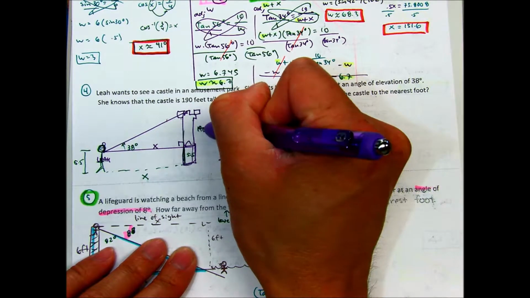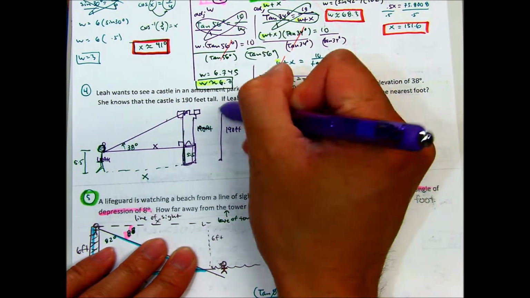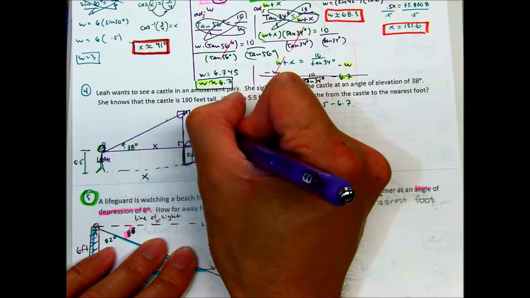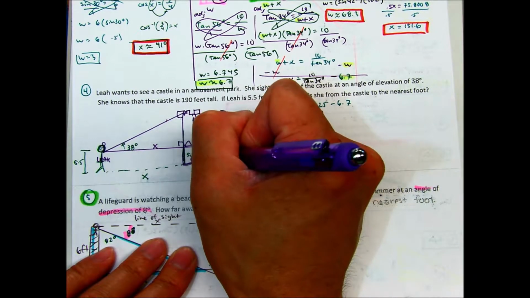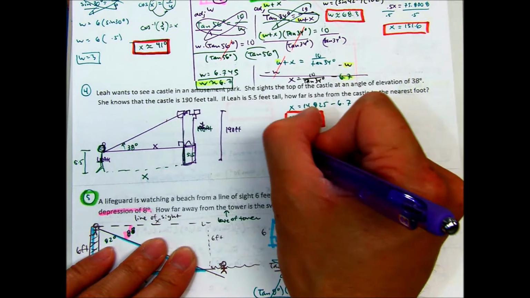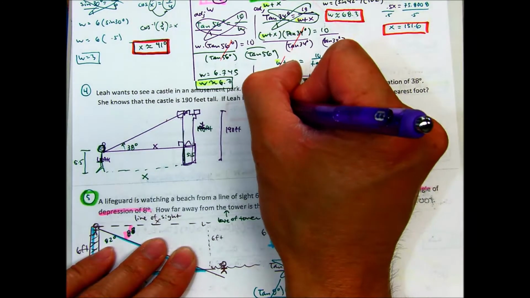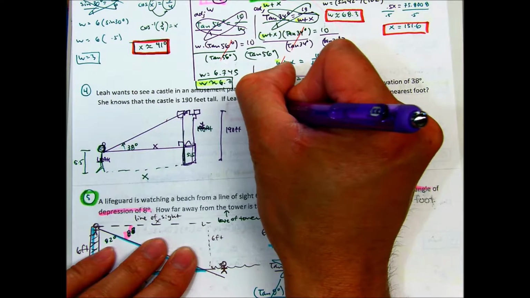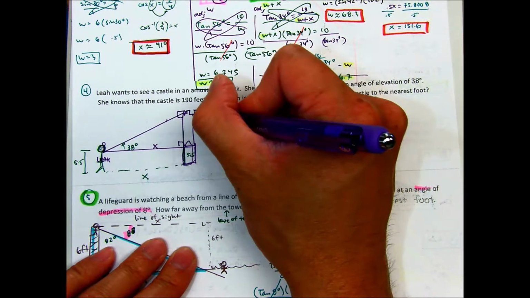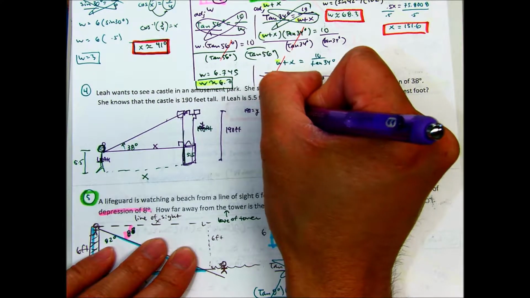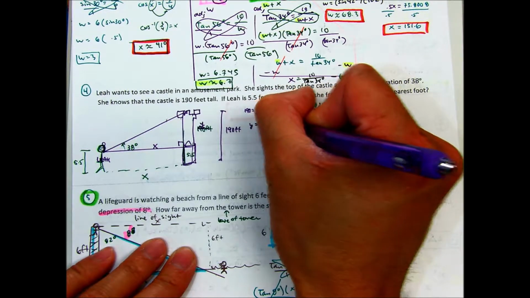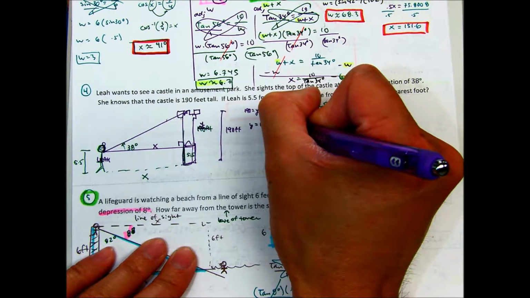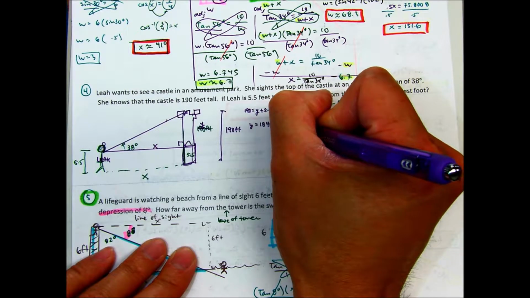So let's put that up here, 190 feet. And this is 5.5, so the question is, what is just this portion of the castle? If you did segment addition, let's do a quick one over here. The whole, 190, equals the part plus the part, so y plus 5.5. If I subtract 5.5 from both sides, I'm going to get 184.5.